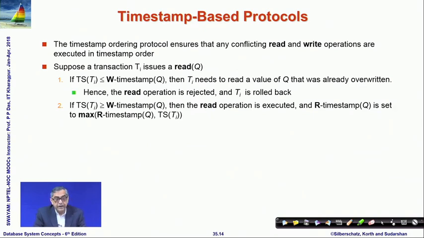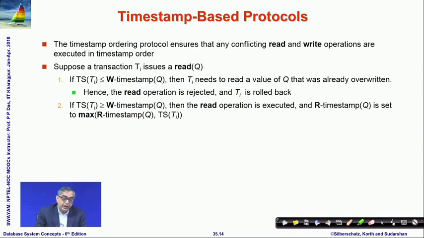So, the transaction T_i needs to read a value that was already overwritten, because the latest write has happened after the transaction. So, this read operation can be rejected and T_i will be rolled back.